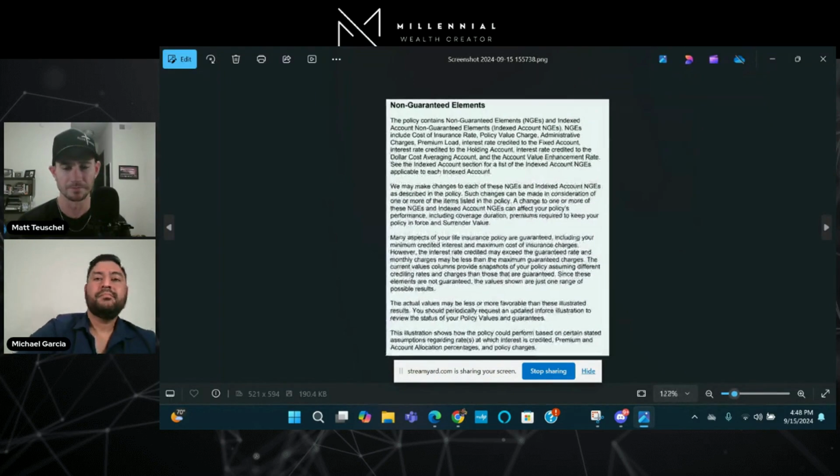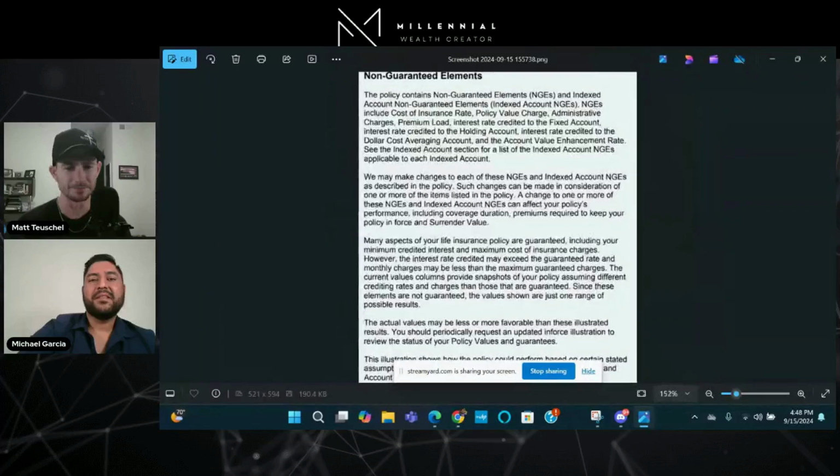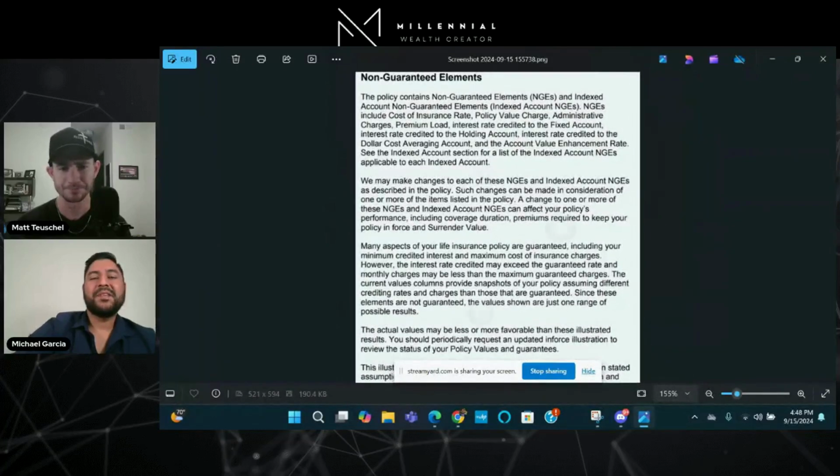It's ridiculous. So Matt, this is the part of the illustration that they all skip over, right? Non-guaranteed elements. This policy contains non-guaranteed elements and index account non-guaranteed elements.